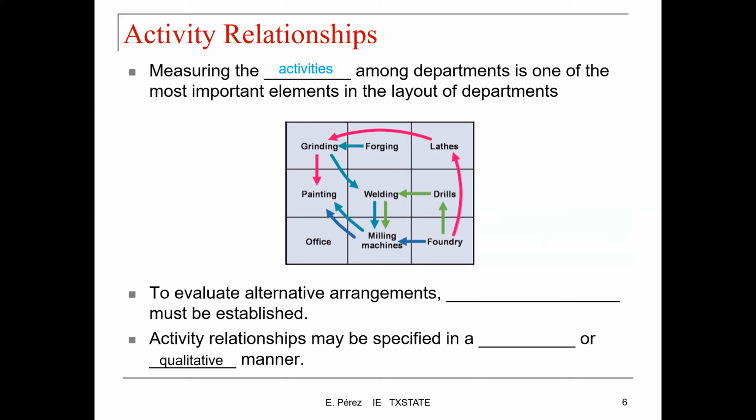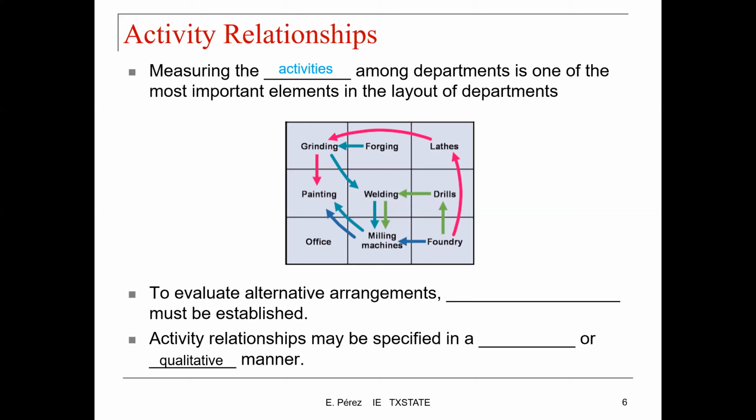We want to take into account the activities because if there's a lot of communication or a lot of movement between two departments, for example, then we want to be able to locate them close. So the travel distance is minimized and also the time consumed by moving from one department to the other is also minimized.